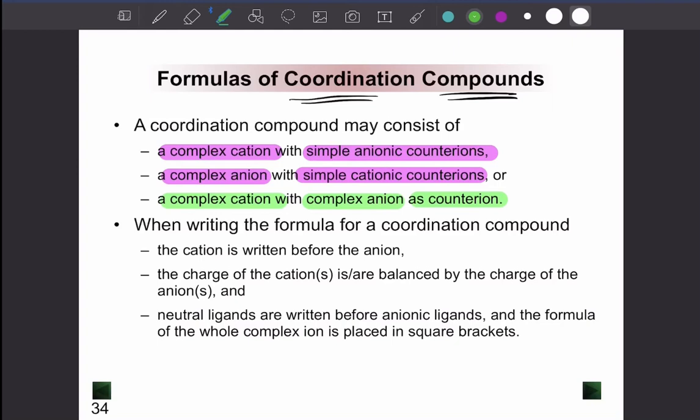When writing the formula of a coordination compound, the first thing to remember is that the cation is always written before the anion, and the charge of the cation we always have to balance by the charge of the anion. Neutral ligands are written before the anionic ligands, and the formula of the whole complex is placed in square brackets. So these are the common rules that we use to write the formula.